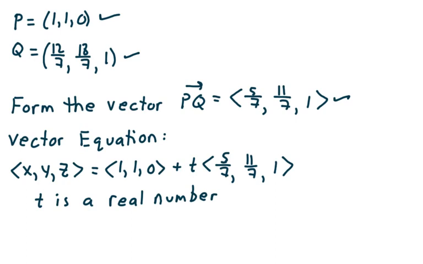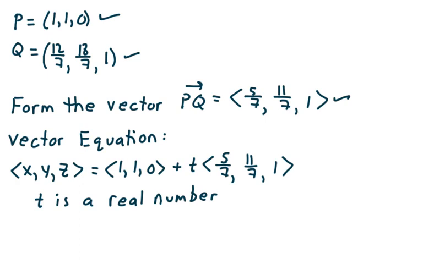I start with the vector equation and then transition into the parametric equations. Now, I happen to choose, in this case, point P. Remember, we have the vector that runs parallel to the line we want, right? PQ is the vector that we want that's parallel to the line of intersection. And we just have to pick a point on the line.